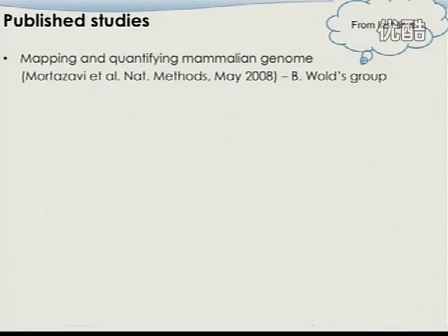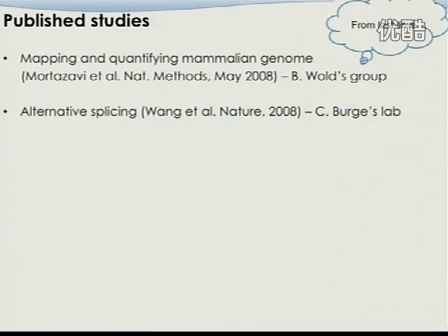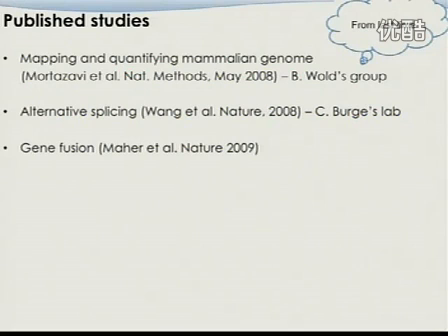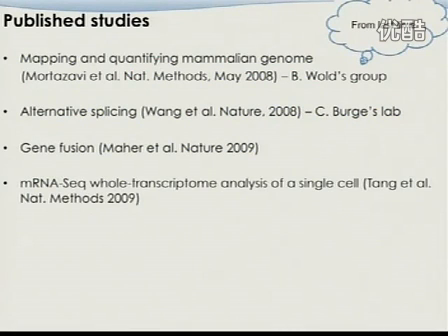We went through several different published studies. The first one is the mapping and quantifying of a mammalian transcriptome. This is the first RNA sequencing paper that was ever published, by Barbara Wold's group. Then we also mentioned a paper studying alternative splicing using RNA sequencing from Chris Burge's lab.